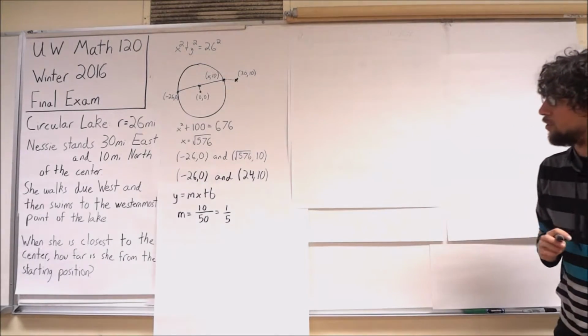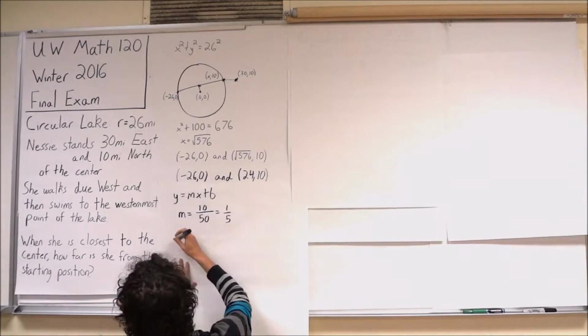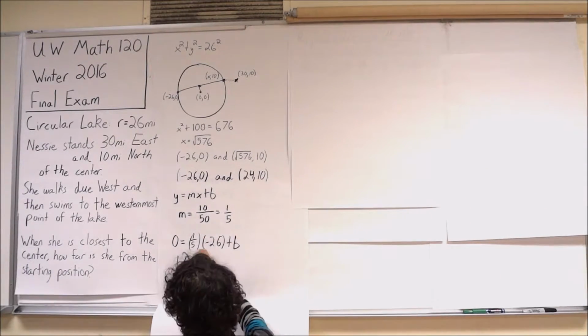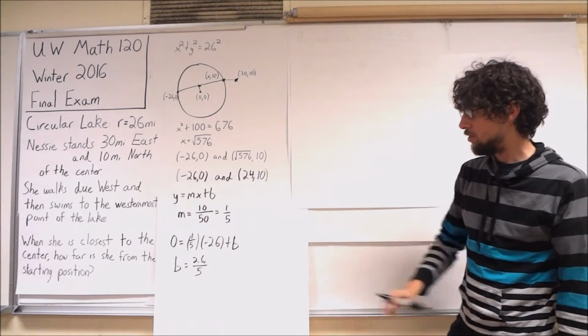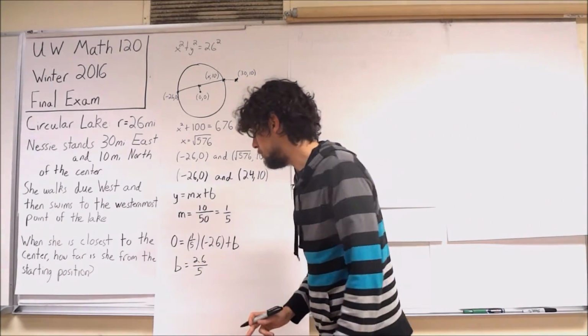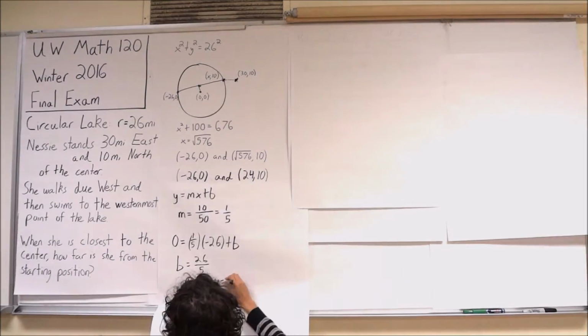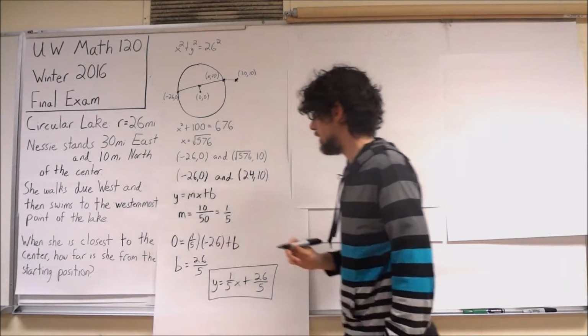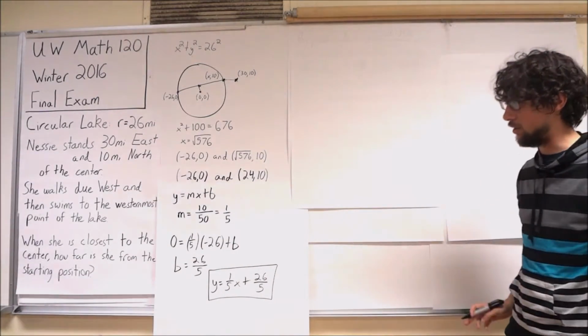And for the y-intercept, we can simply plug in one of our points. We have b equals 26/5. So combining m and b, we have our equation for this path. This is Nessie's path through the lake.